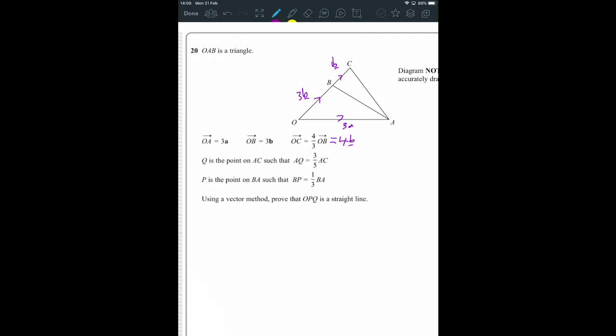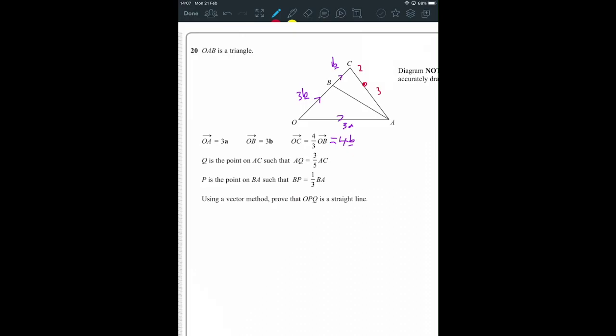Q is the point on AC. Now these aren't labelled for us yet, such that AQ is 3/5. So Q is somewhere along here, such that that is 3/5. Well, that's split into a ratio of 2 to 3.